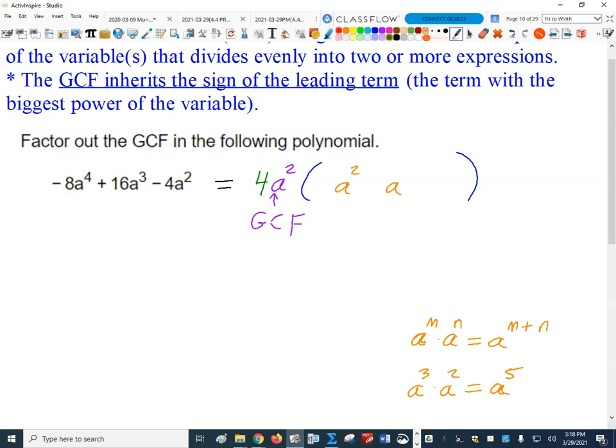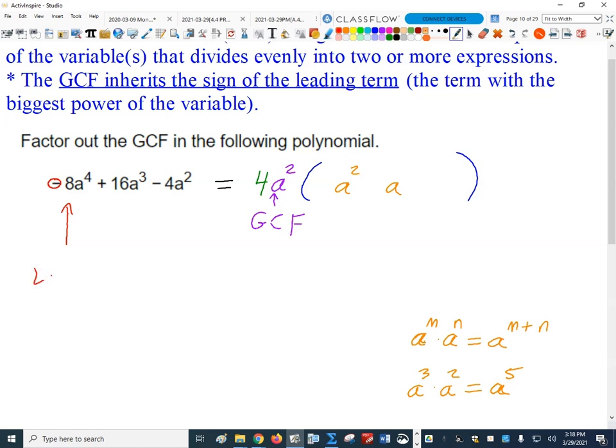Okay, so we know the number part is going to be a 4, but the question everybody's going to have is, what about that minus sign, right? Okay. What about the minus sign? If I write this polynomial in the correct simplified form, we always start with the biggest power of the variable and work our way down. So in this case, a to the fourth is the biggest power of a.